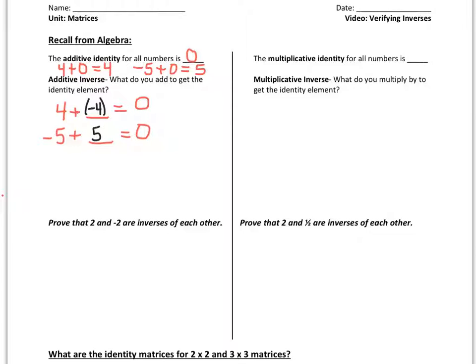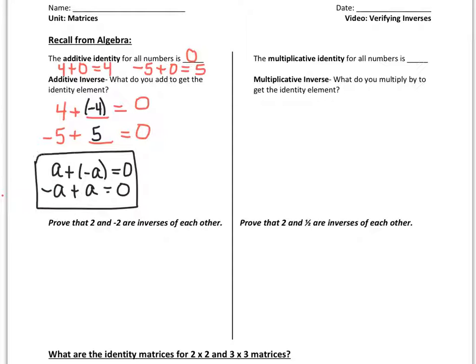So the definition of the additive inverse is just A plus -A equals 0, or -A plus A equals 0. These are the two definitions of the additive inverse. So if I wanted to prove that 2 and -2 are inverses of each other, all I have to prove is that when I add them together, I should get 0.